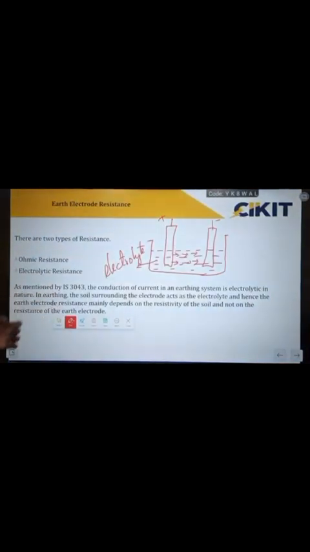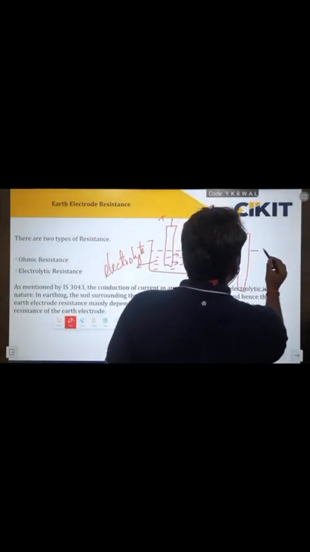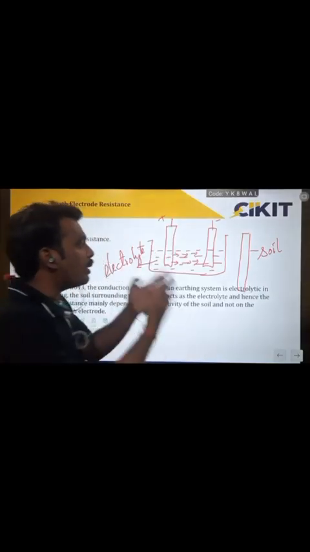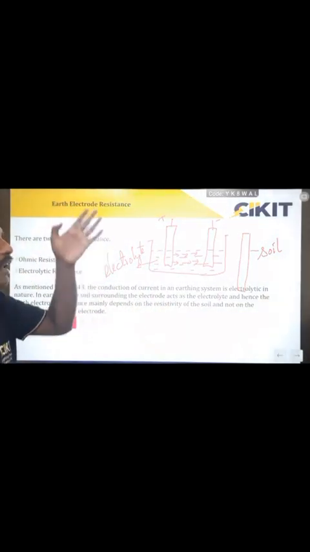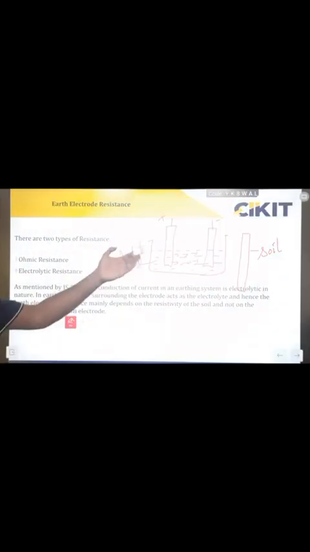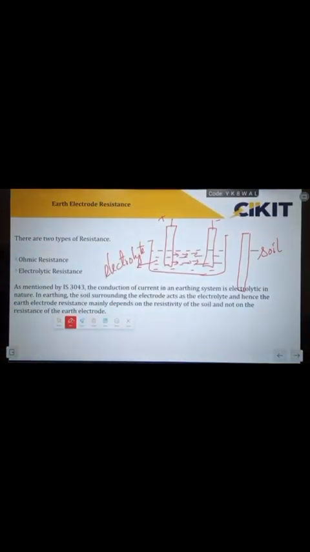This is how earthing also works. In earthing, the conduction takes place from the earth electrode into the soil, so it is from one medium to another medium. Since the conduction is taking place from one medium to another, the resistance of the earth electrode will be electrolytic in nature. So we cannot consider the resistance of the material.